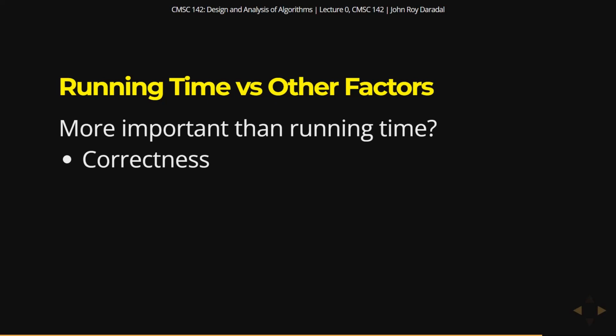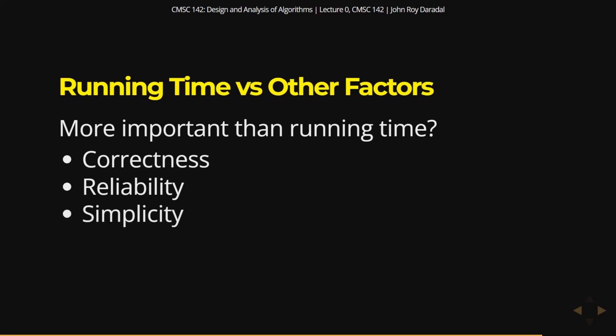Even if it's fast, it's not reliable, because 25% of the time it's wrong. So you always favor correctness. And similarly, reliability. You may favor reliability over running time, so maybe not as fast but reliable 100% of the time.